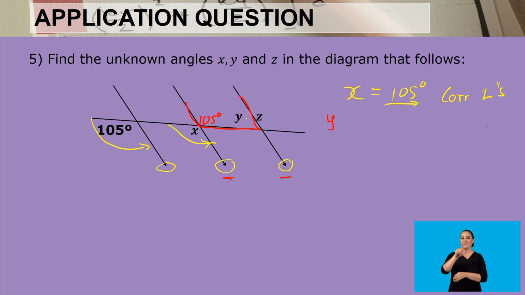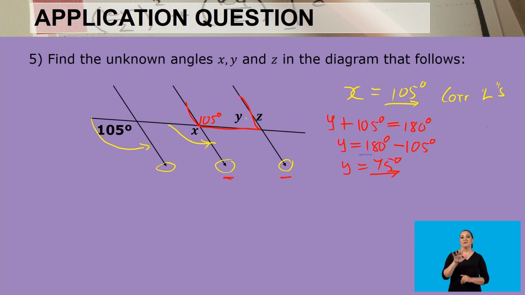Therefore, angle Y plus 105 degrees equals 180. And therefore, angle Y equals 180 degrees minus 105 degrees. And therefore, angle Y equals 75 degrees. So that's our value for angle Y.